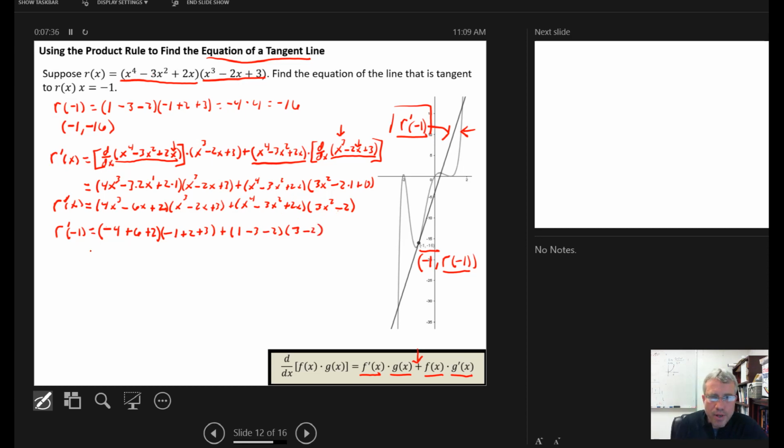And now I can simplify. So I get negative 4 plus 6 is 2, plus 2 is 4, times negative 1 plus 2 is 1, plus 3 is 4. 1 minus 3 is negative 2, minus 2, so I have plus a negative 2 times 3 minus 2 is 1. Double check this.